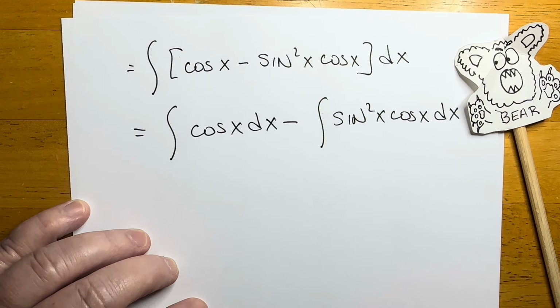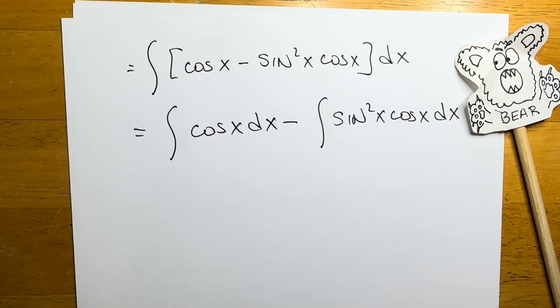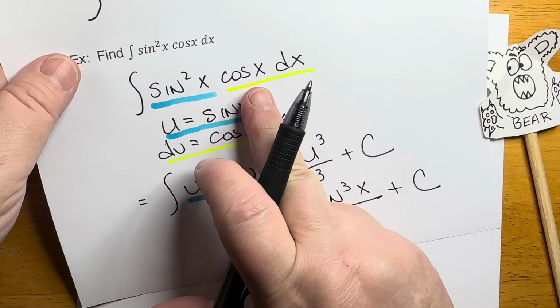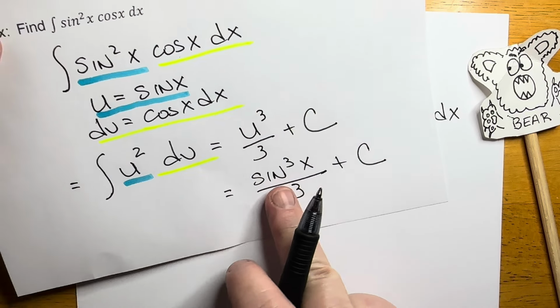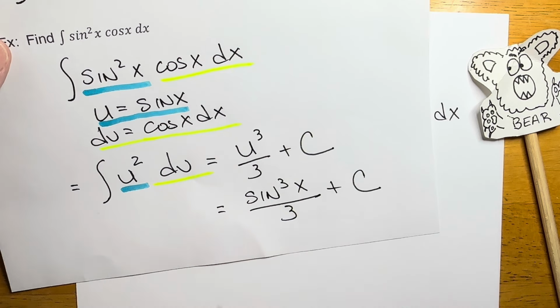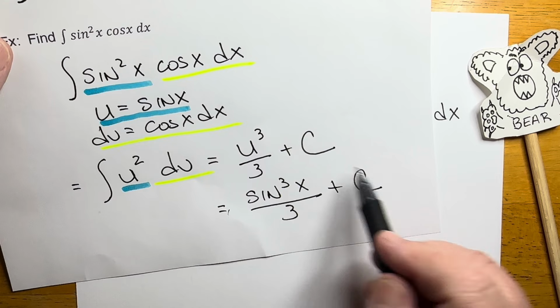Okay, well, we've already done something very similar to this, sine squared, cosine. So I know that when I've got sine squared of x, cosine x dx, that's going to give me sine cubed of x over 3 plus c.